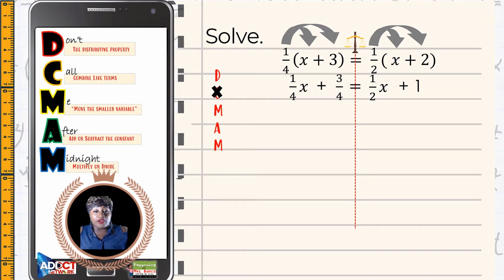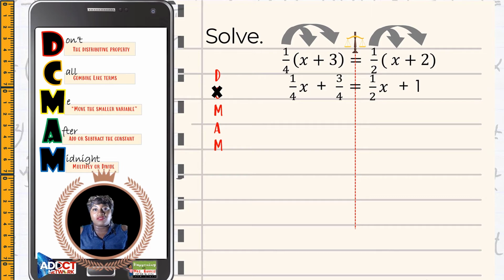Move the smaller variable. Are there variables on both sides of the equal sign? Yes, there are variables on both sides of the equal sign. So what do we do? When there are variables on both sides of the equal sign, it's quite simple to move the smaller variable.